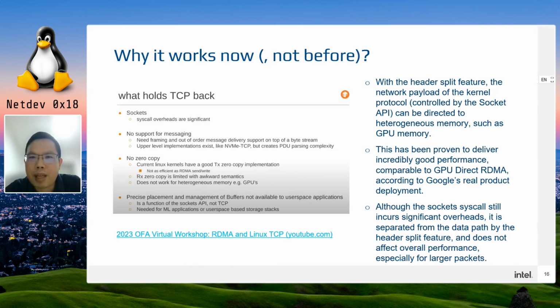with high performance. It is actually incredibly good performance according to Google's real-world deployment.